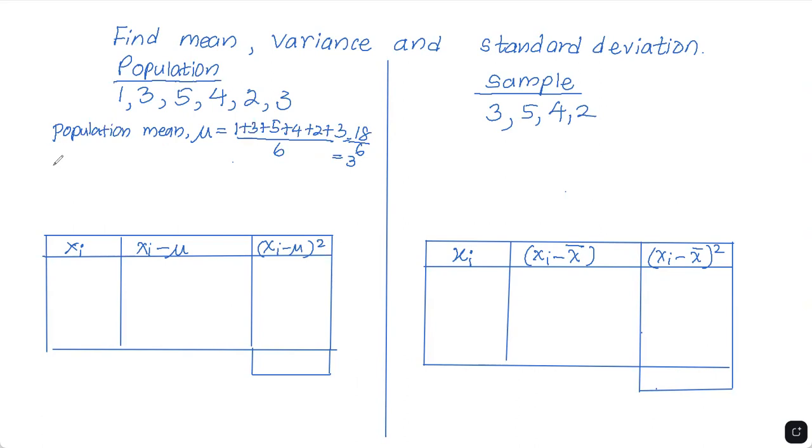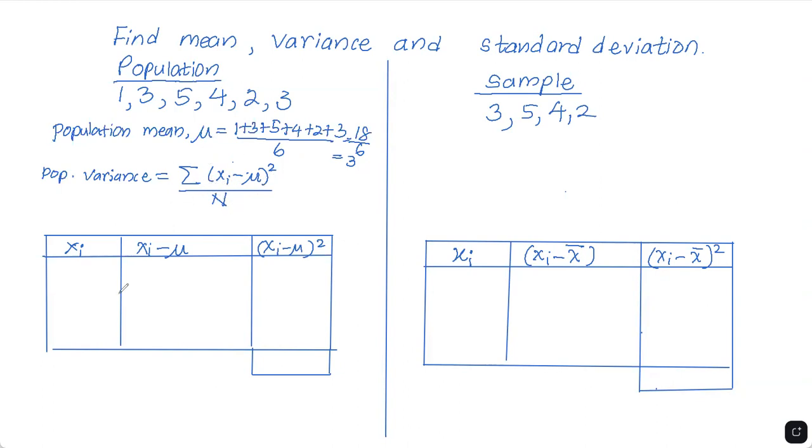And then we have to find the population variance. The population variance formula is like this: summation of all the terms of xi, which is the data, minus mu, the mean of the data set, then take the square, and then divide by the total number of data, capital N. So we have to calculate this formula.